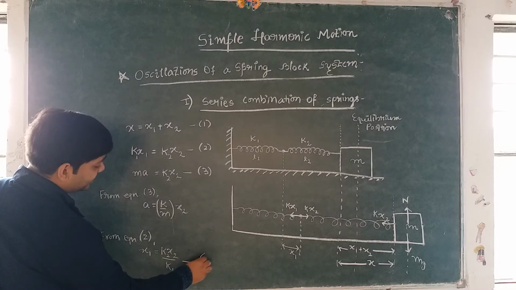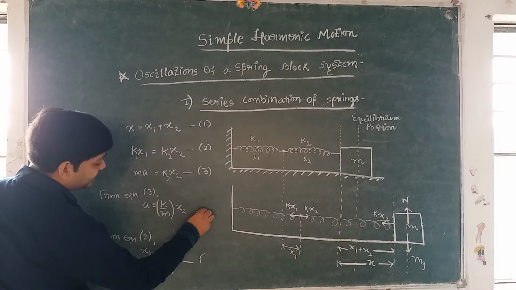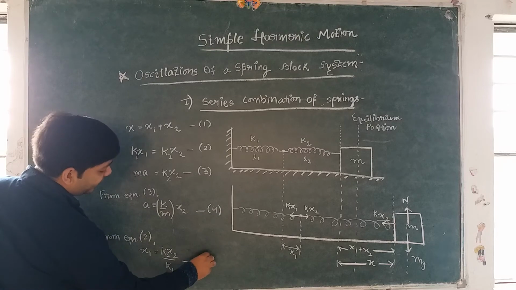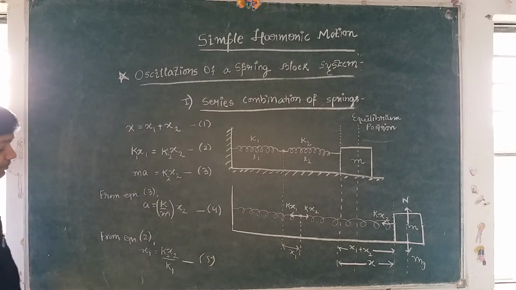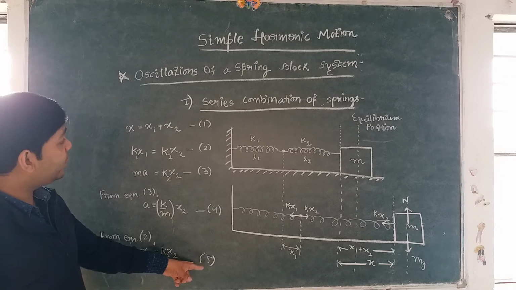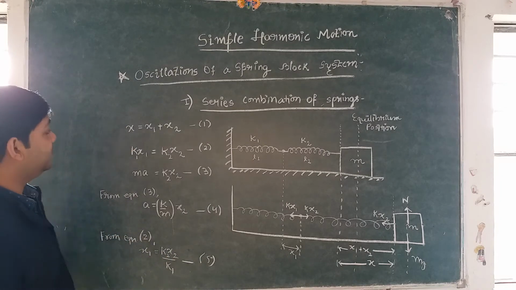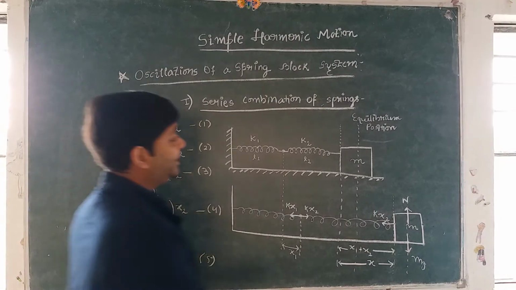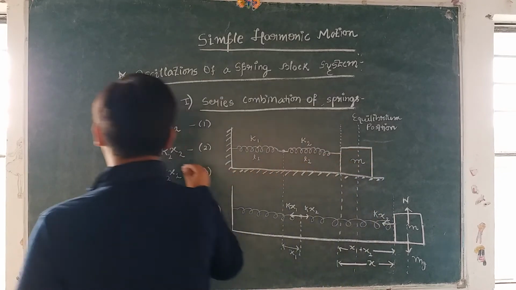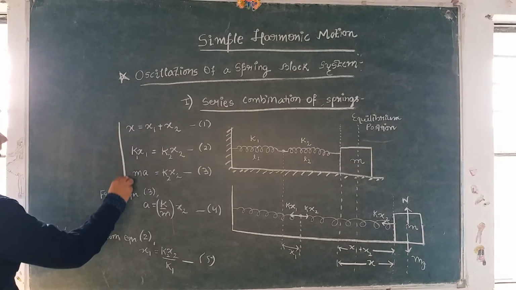So let's say this is equation 4 and this is equation 5. Now we will use equation 5 in equation 1, right? So I need actually more space, so let me write here.